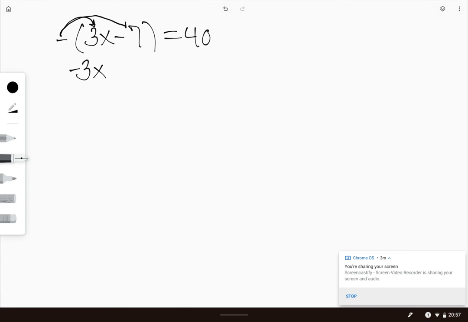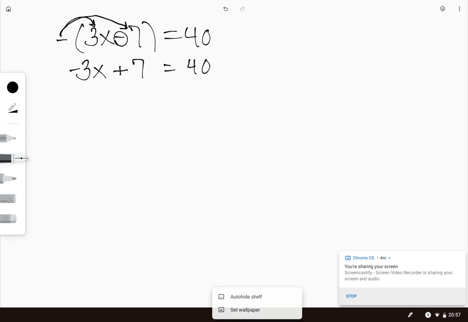Then I've got negative 1 times this negative 7 here. So again, this is going to result in a sign change because negative times a negative becomes a positive. So that gives me negative 3x plus 7 equals 40.